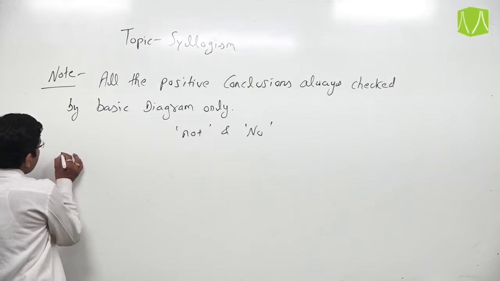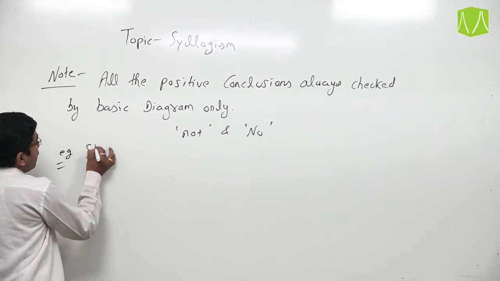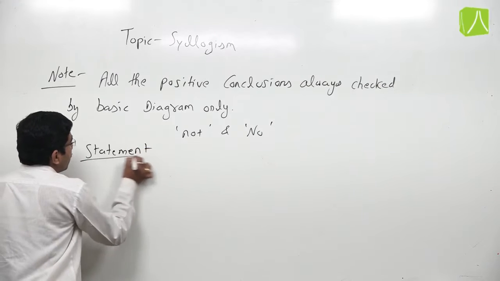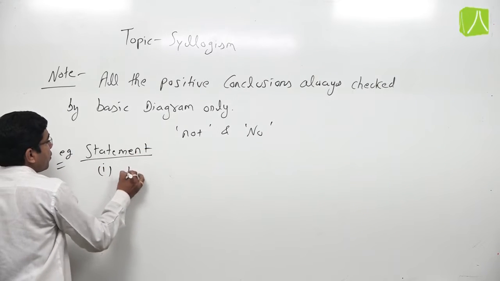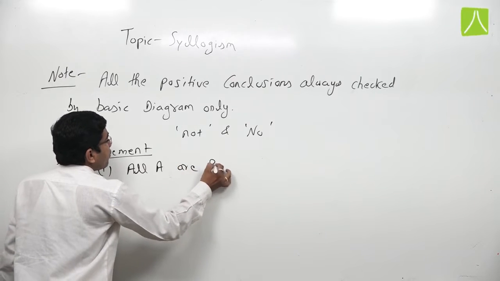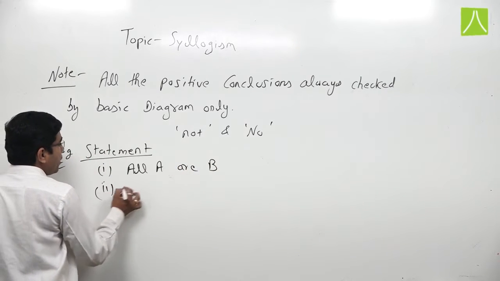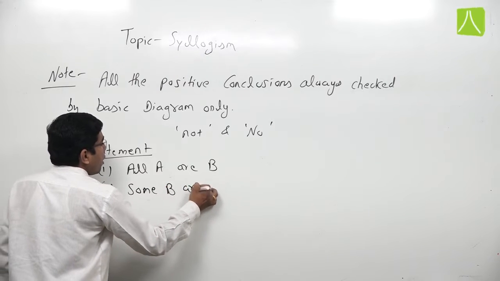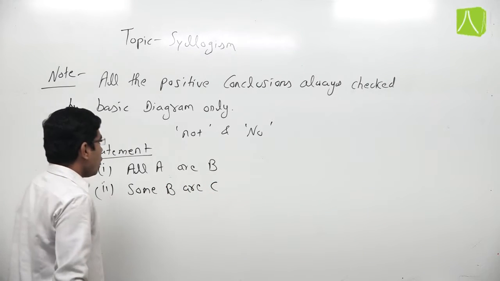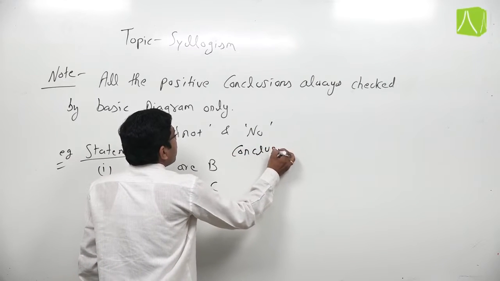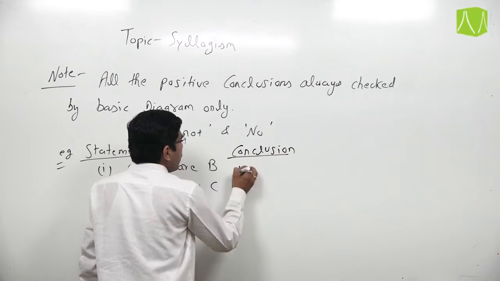For example, suppose a statement is given: all A are B, and the second statement is some B are C. Now according to these statements we have to check the conclusions.